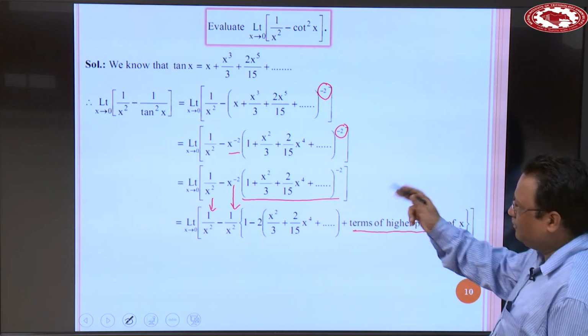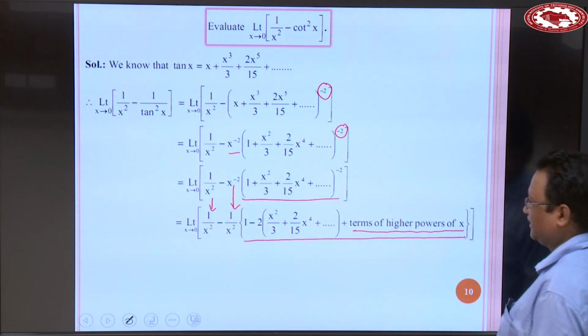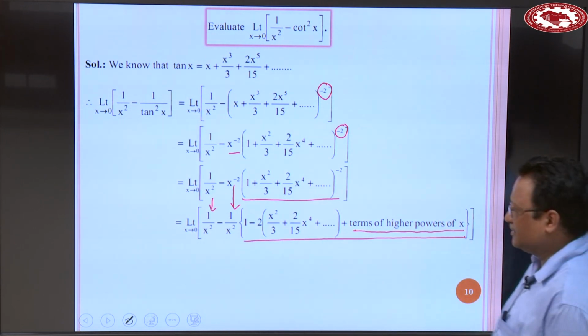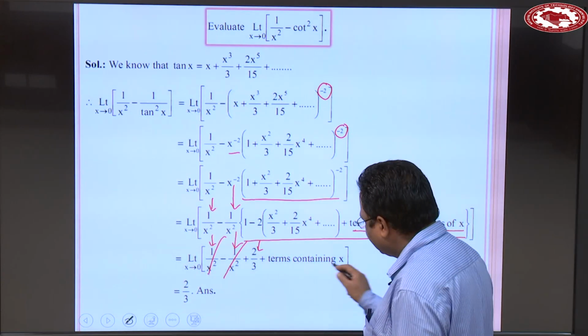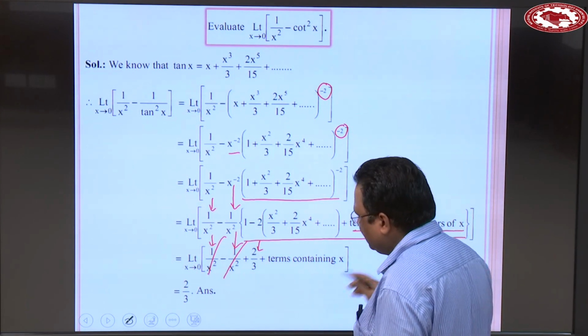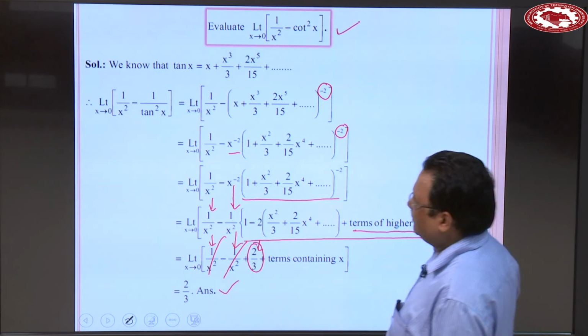Now simplify. 1 over x square times this, we get 2 over 3 and terms containing x. The first term and this term cancel. When x tends to 0, terms containing x go to 0. So we get only 2 over 3, which is the limiting value of this function.